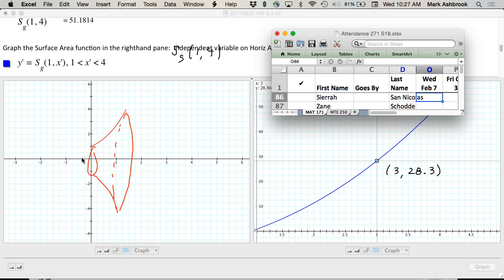Okay, right. So in the original graph, when y is 3, the surface area is 28.3.